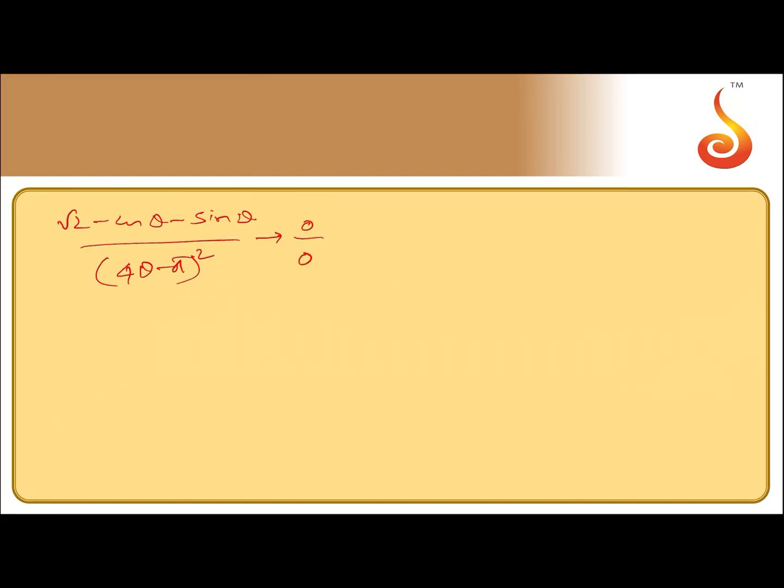And thereby you can apply the derivative method. Root 2 derivative 0, and it is sin theta minus cos theta divided by 2 times 4 theta minus pi multiplied by 4. Again it is 0 by 0 form.